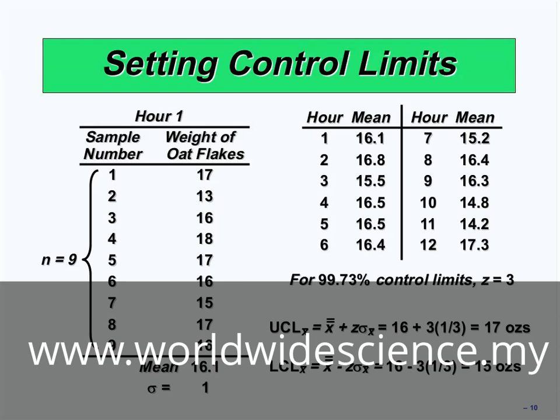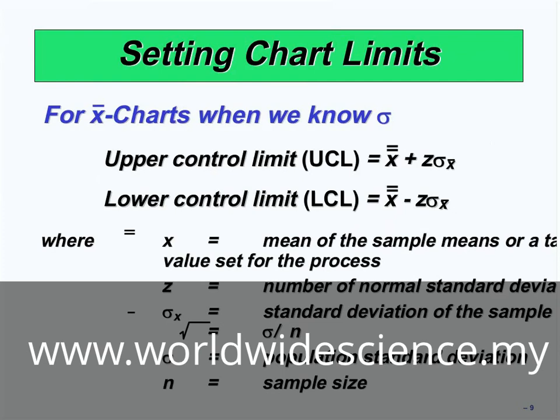Okay, we have z, we have x bar bar. We should calculate sigma x bar. Sigma x bar, if you remember, has a formula: radical sigma divided by radical n. The sigma and n, both of them are under radical.